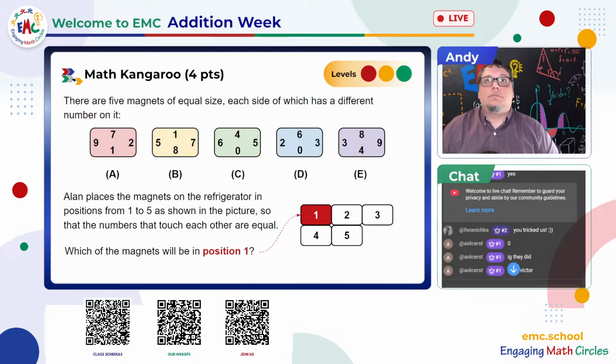There are 5 magnets of equal size, each side of which has a different number on it. Alan places the magnets on the refrigerator in positions from 1 to 5, as shown in the picture, so that the numbers attached to each other are equal. Which of the magnets will be in position number 1?